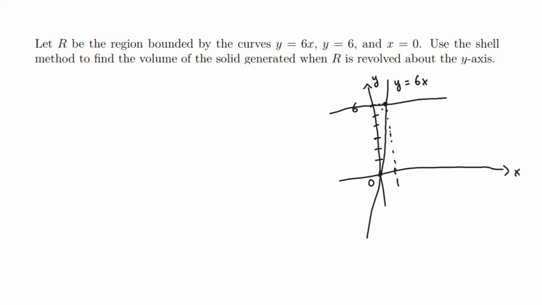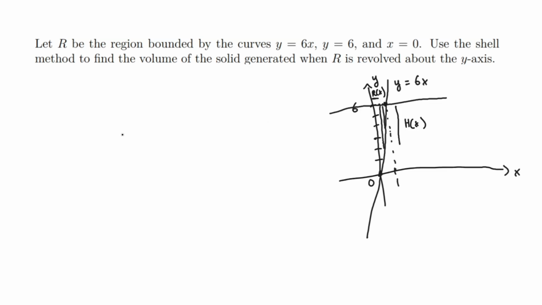So first I'm going to cut this into a rectangle. This is the rectangle, this is the h of x, the height of the rectangle. And this is r of x.